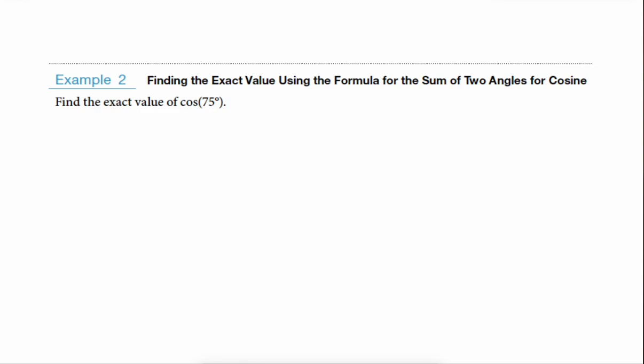I am going to use the fact that 75 is 30 plus 45. If you can use stuff in the first quadrant, we know the first quadrant, and we have it memorized a little better than any of the other quadrants. So I am going to use that.